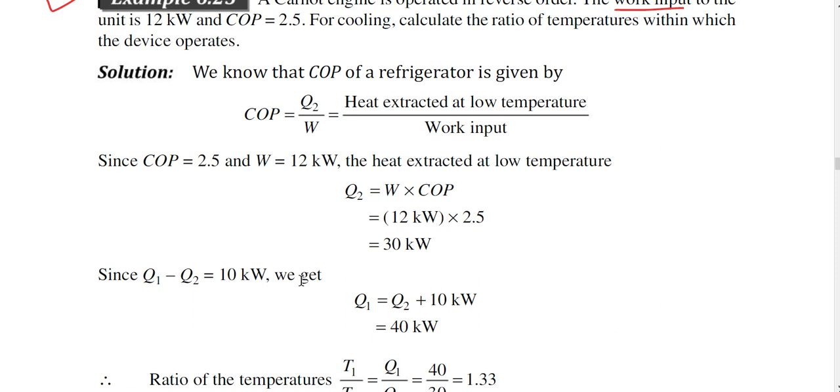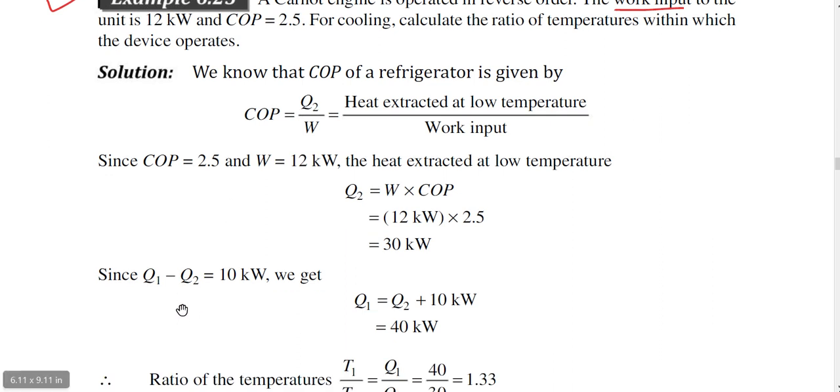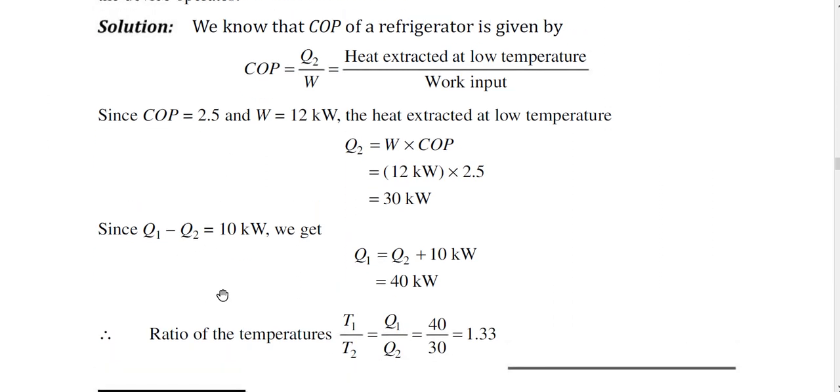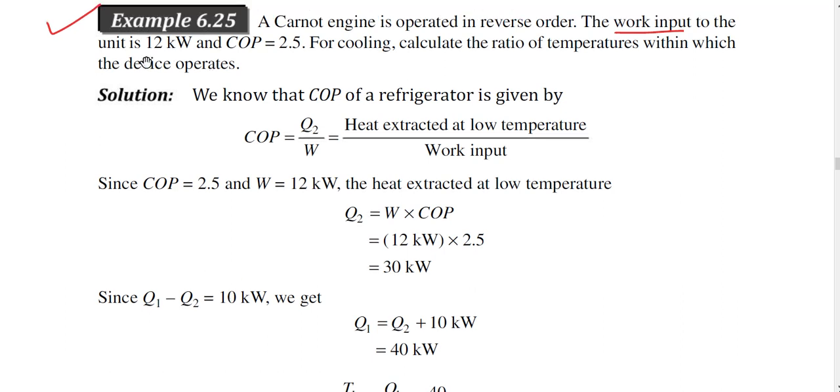Now we also know that W is equal to Q1 minus Q2. There is a printing mistake here. Actually that should be 12 kilowatt, because it is given that the work input is 12 kilowatt.